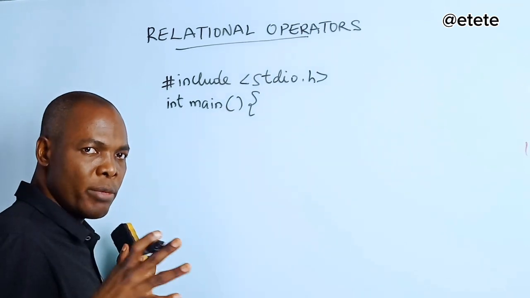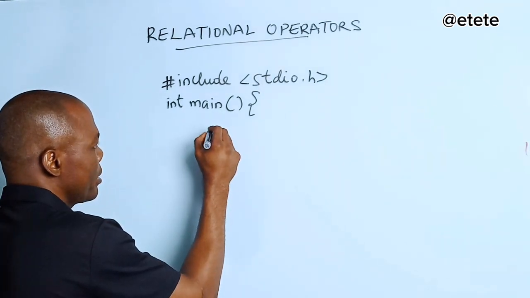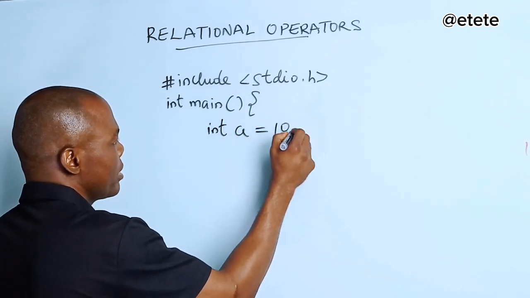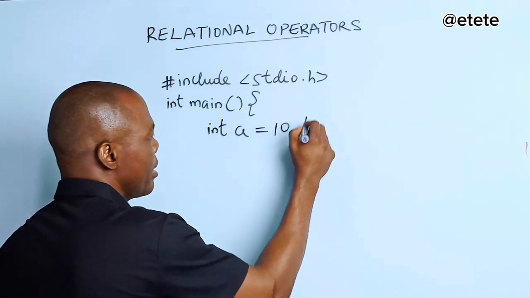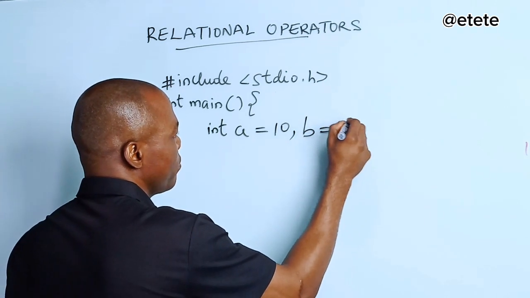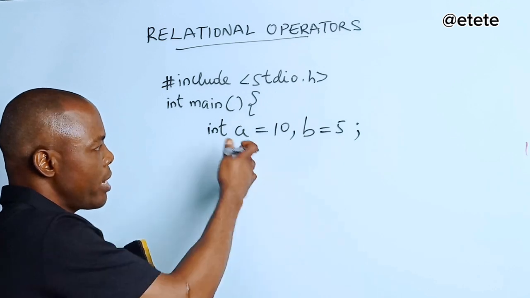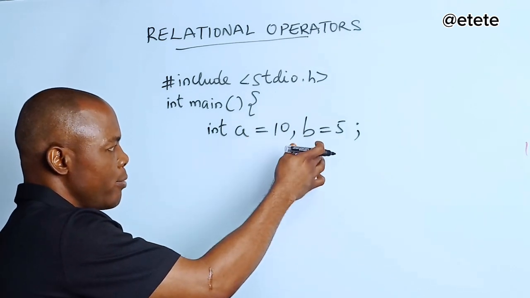Then we'll declare two variables. We'll say int a, and we assign 10 to it, then comma b, we assign 5 to it. So we'll just write this in a straight line, right? We are declaring two variables, variable a and variable b.